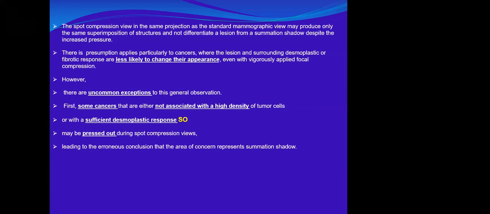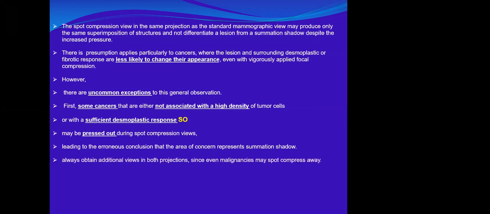On summation, it might represent just a summation shadow. That is why, if the lesion is still not completely spreading away, we can consider it as probably benign rather than BI-RADS 2, and just follow it up rather than say this is nothing.